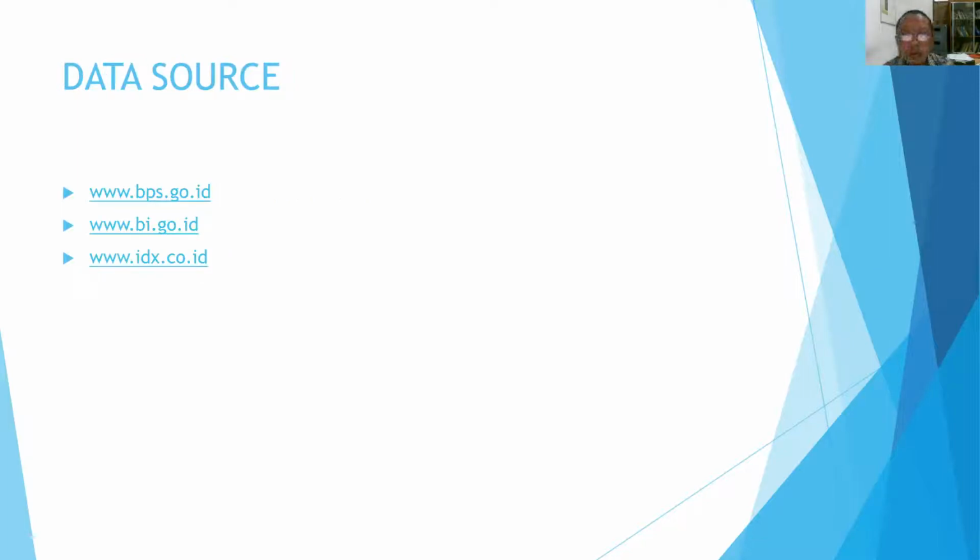To understand statistical data, especially in Indonesia, we will use these three websites that provide many economic data and business data in Indonesia. First is bps.go.id. It belongs to the Indonesian Statistical Board, or Badan Pusat Statistik.